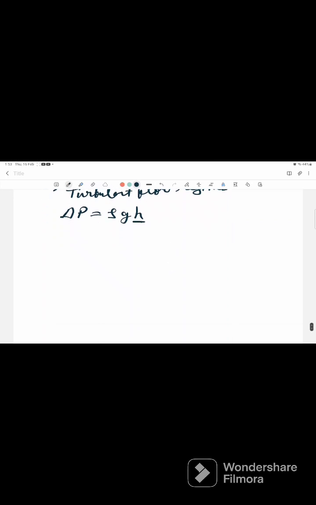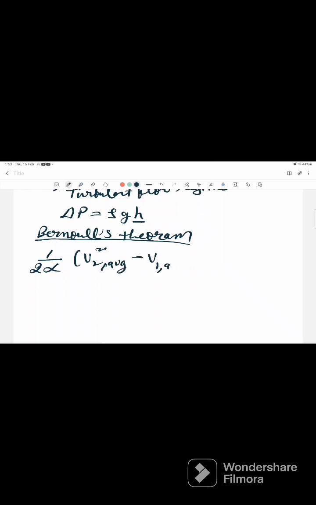We know in fluid mechanics, Bernoulli's theorem: 1 by 2 alpha (V2 average square minus V1 average square) plus g (Z2 minus Z1) plus (P2 minus P1) by rho plus frictional losses plus shaft work, okay, is equal to 0.